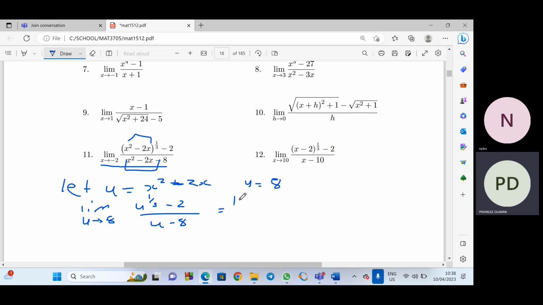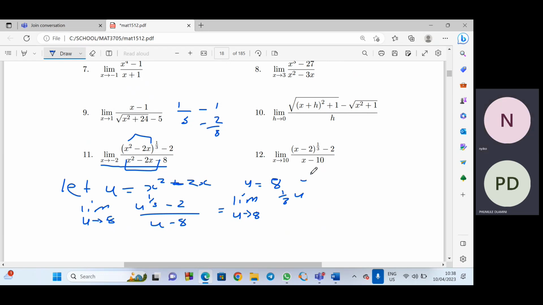When I differentiate this, I will say my limit when u approaches 8 is going to be equal to 1 over 3 u in brackets 1 over 3 minus 1. If I say 1 over 3, I subtract 1. This is going to give us 1 minus 3, which is minus 2 over 3.